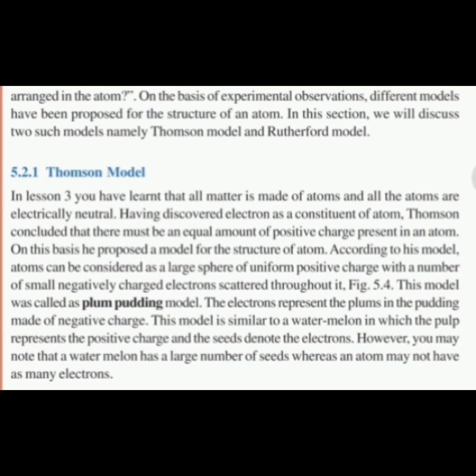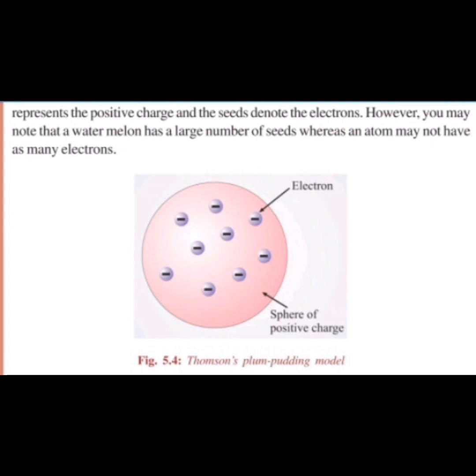This is what the Thomson model says, and for some years this model was believed and followed by other scientists all over the world. So he said that there will be an equal amount of positive and negative charge inside an atom. This is the simple manner.